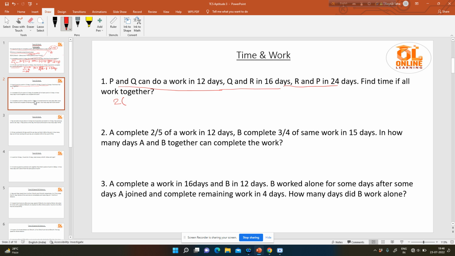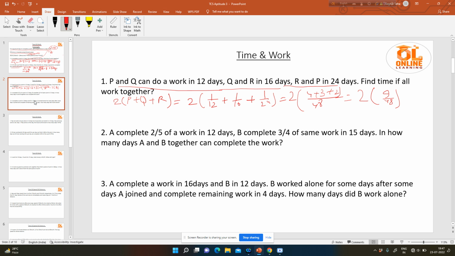Adding them, we can write the amount of work done by 2P plus 2Q plus 2R in 1 day is, with 2 outside, 1 by 12 plus 1 by 16 plus 1 by 24. If we solve this, 48 would be the LCM. Then it would be 4 plus 3 plus 2, which is 4 plus 3 is 7, plus 2 is 9, so 9 by 48.